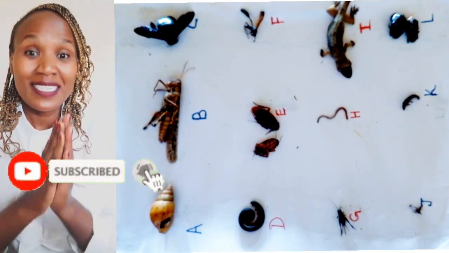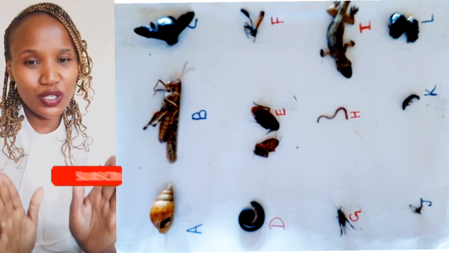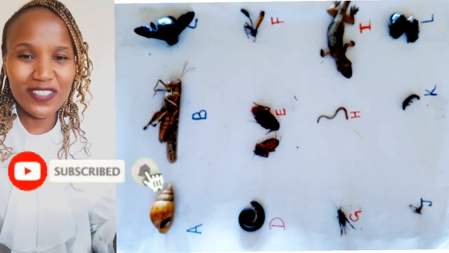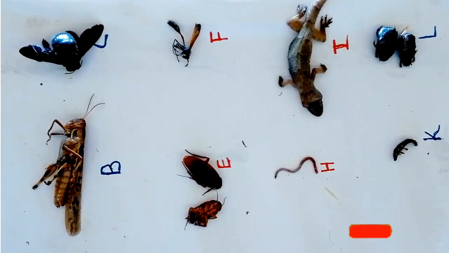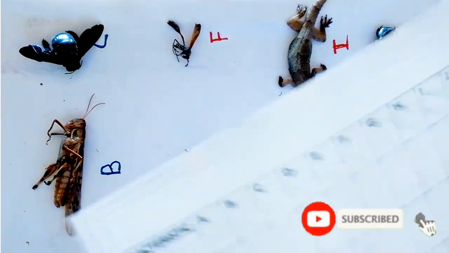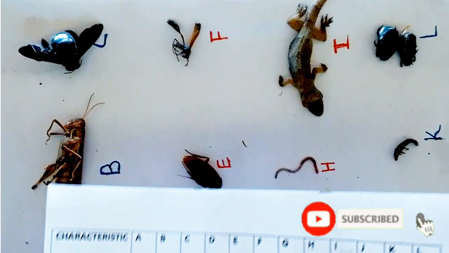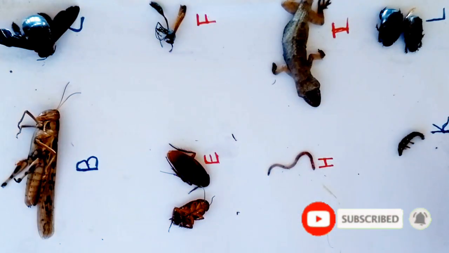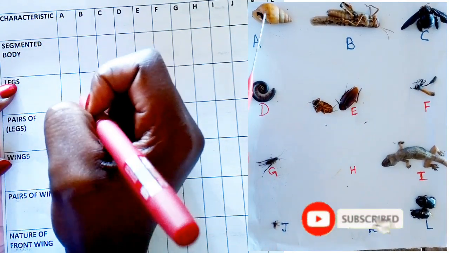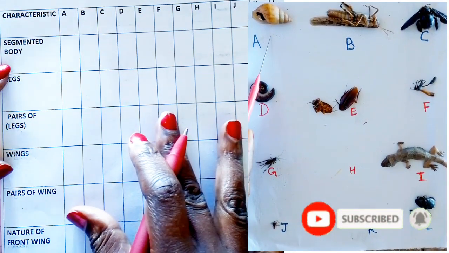Without much ado, sit, relax, and enjoy construction of a dichotomous key. So the first thing now is to fill in this table as it follows. Now, my dear student, does A have a segmented body?